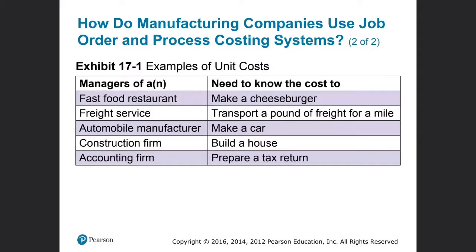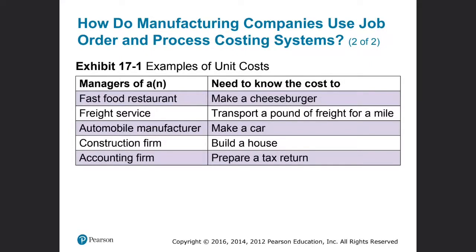This is an example of unit cost. So we have different types of managers and then the type of cost that they need to know. For instance, a manager in a fast food restaurant needs to know how much it costs to make a cheeseburger.